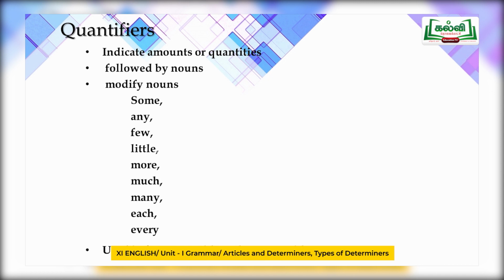Here, some words are used for large quantity and some quantifier words are used for small quantity. Much, many, a lot are used for large quantity. A few, a little are used for small quantity. And countable and uncountable nouns.